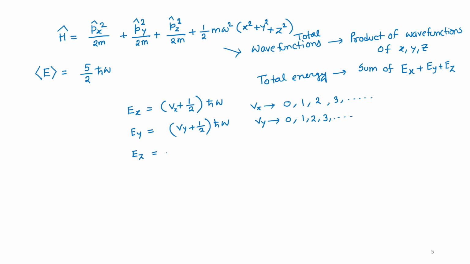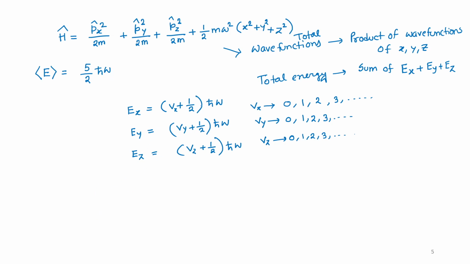Then for z, it is similar: Vz plus half h cut omega, right? Now see, my total energy, or energy of the three-dimensional SHO, is given as 5 by 2 h cut omega, right?